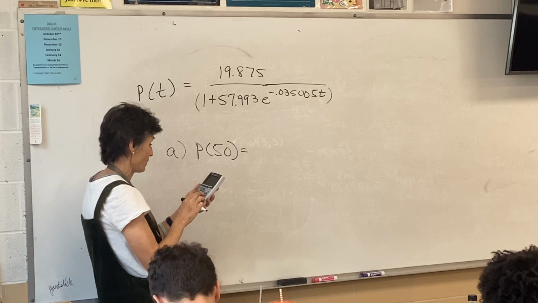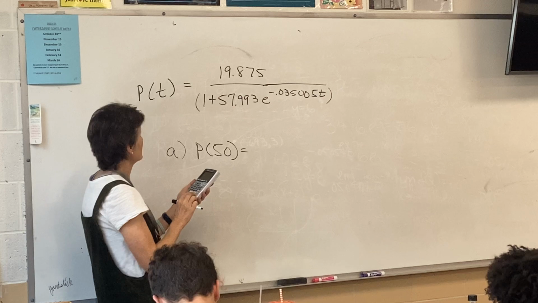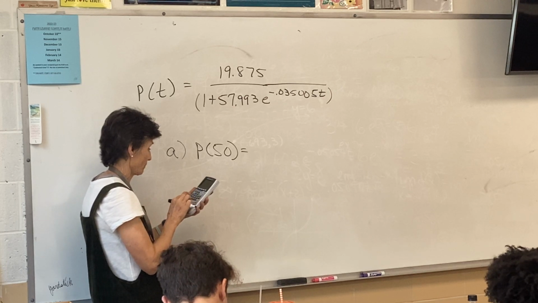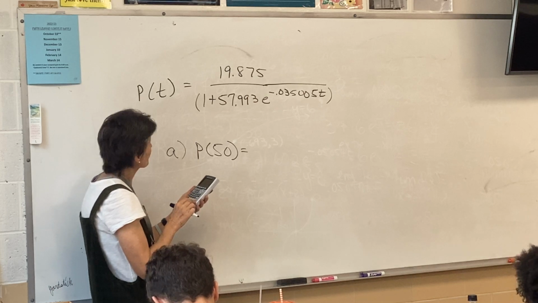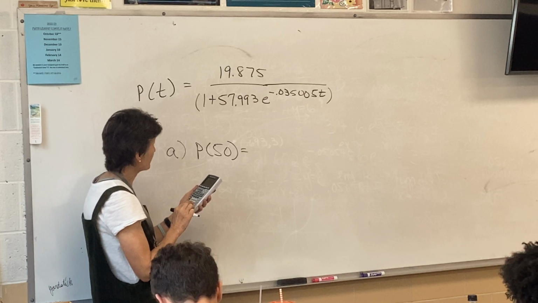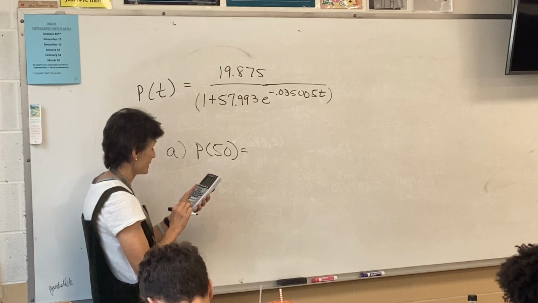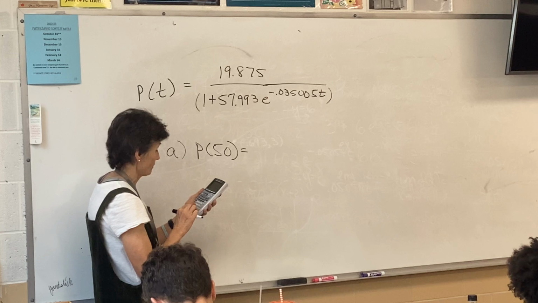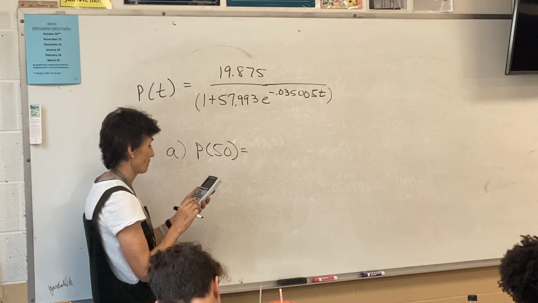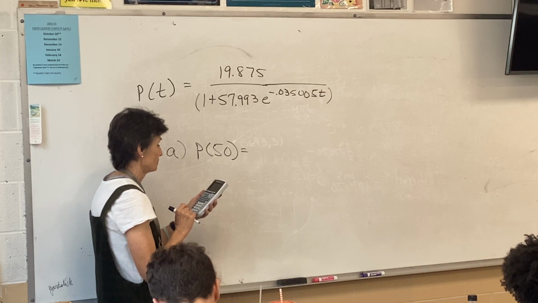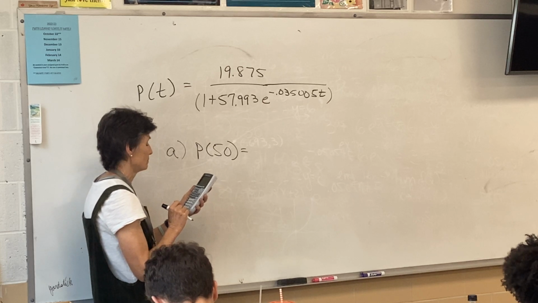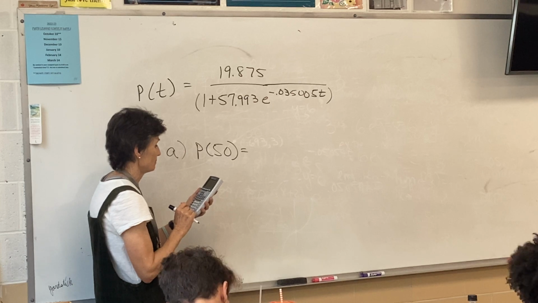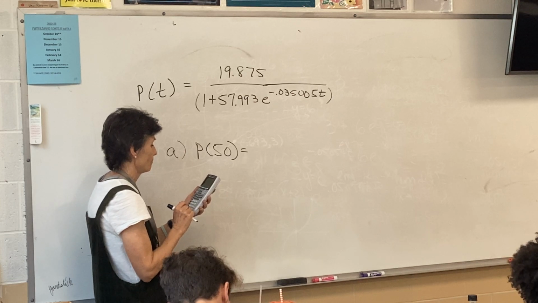19.875 divided by parentheses, 1 plus. You know how to get e on your calculator? Second ln. Just x. Yeah, you do, but it's 50. Times 50.